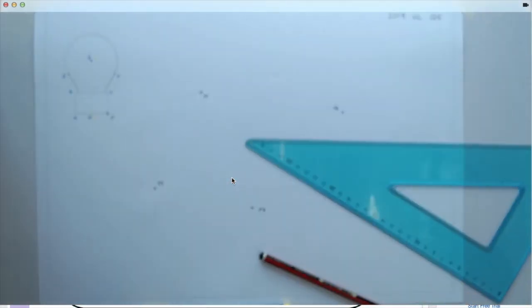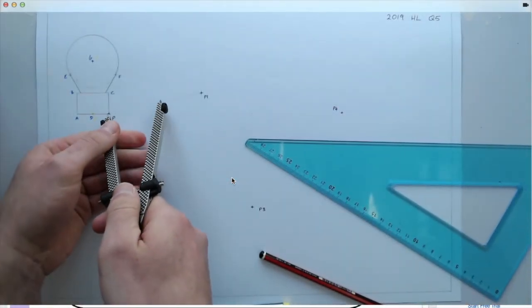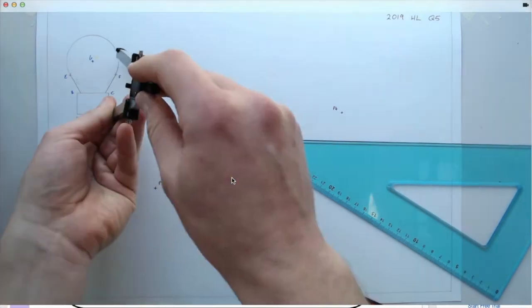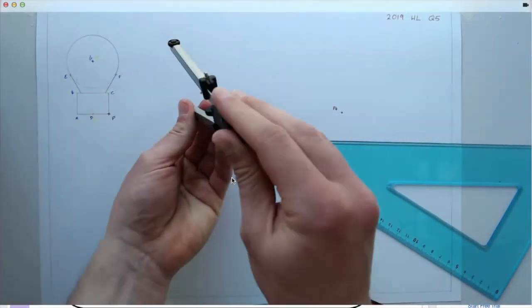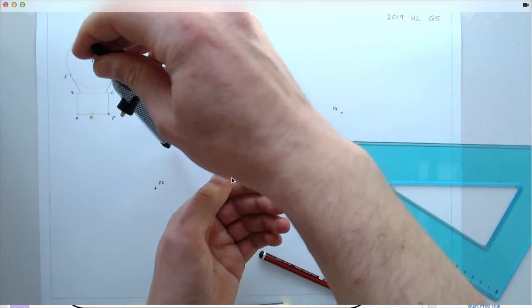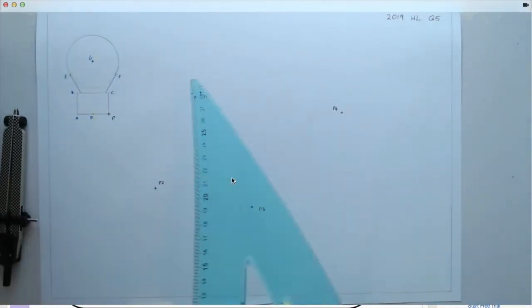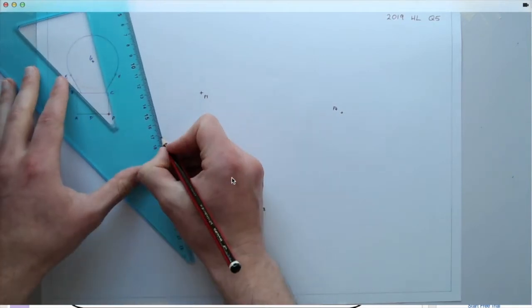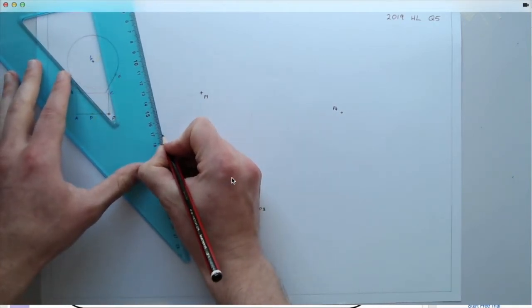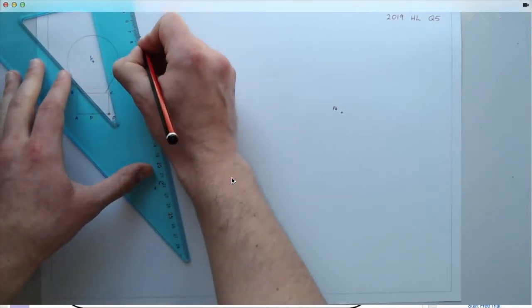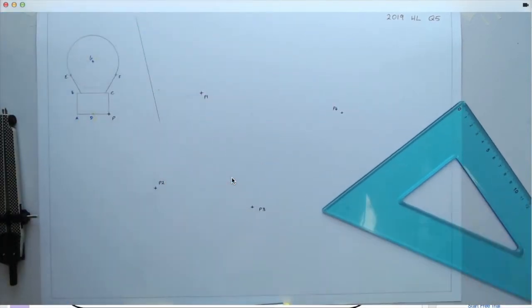Then I'll bisect my line because I know that the axis has to be directly in between the two of them. So I'll get my axial symmetry there, and then I'll put in my axis. And your axis for the axial symmetry is heavy, so there is my axis for my axial symmetry.